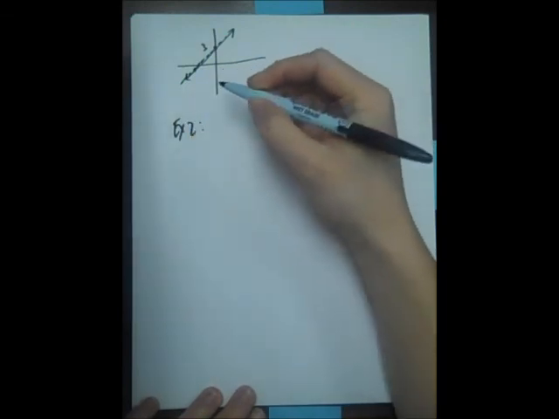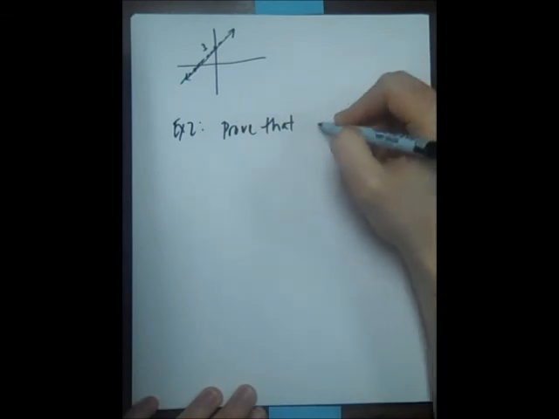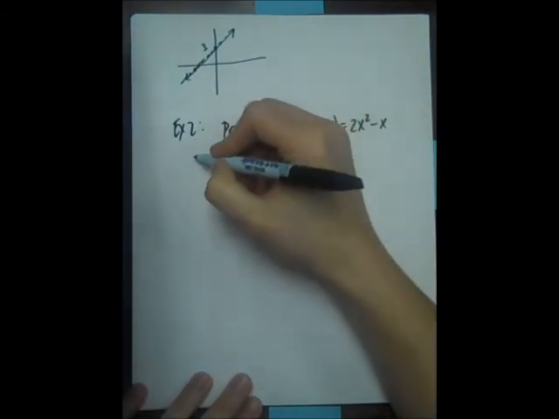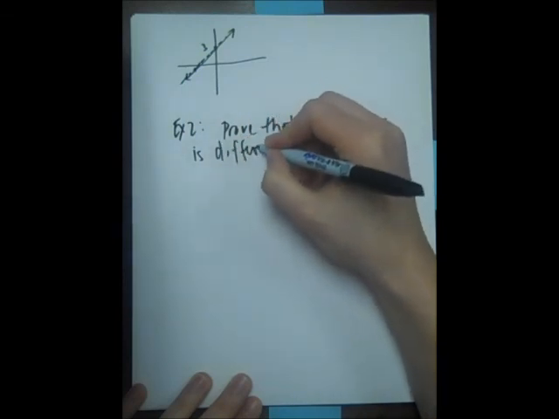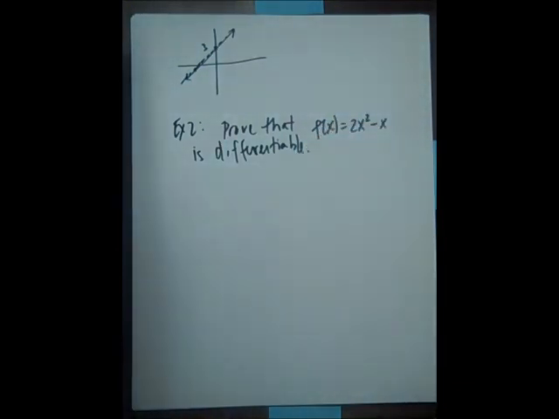Let's try a different one. Let's prove that f of x, which is 2x squared minus x, is differentiable. So how do you prove something is differentiable? If you go back to those definitions that we talked about, being differentiable means that the derivative exists.